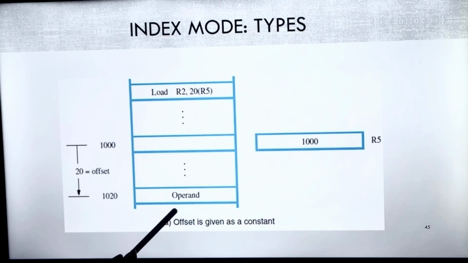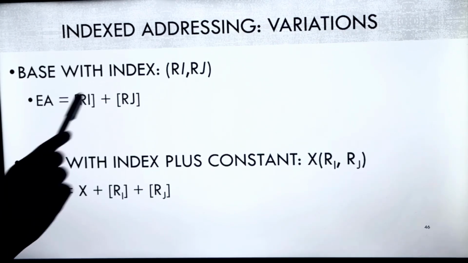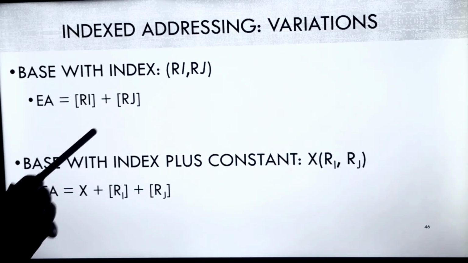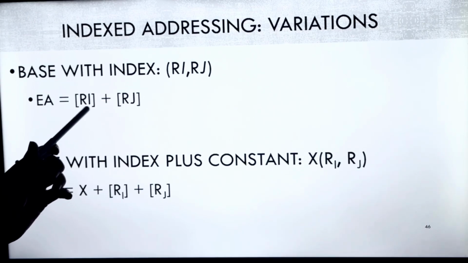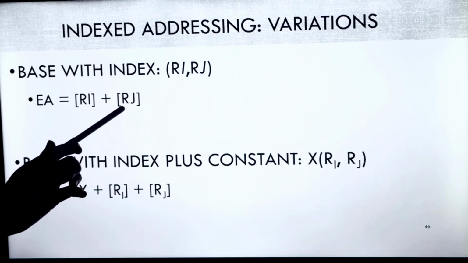So we have two different variations in indexing mode again. The first one is base with index. It's written like this in brackets, Ri, Rj. Here Ri will contain the offset and Rj will contain the first address of the data.